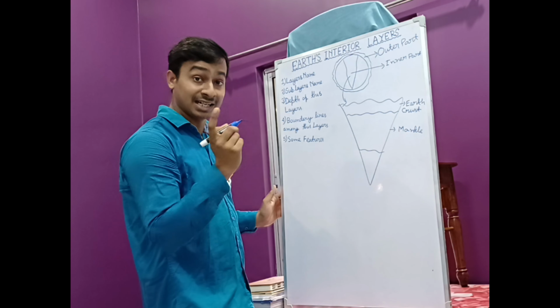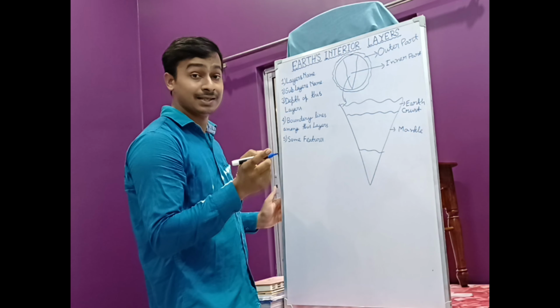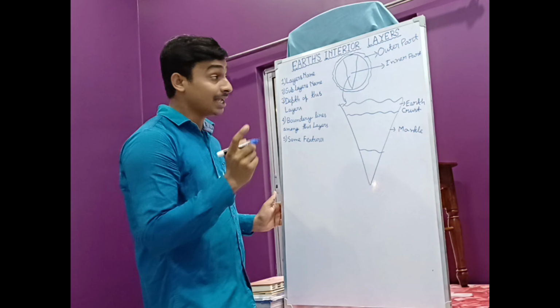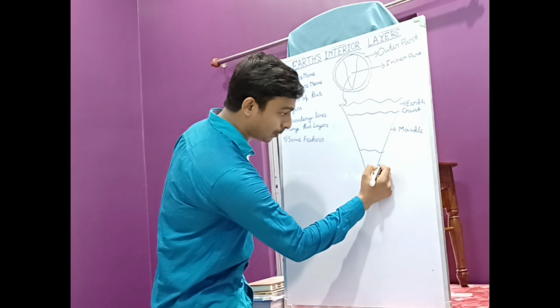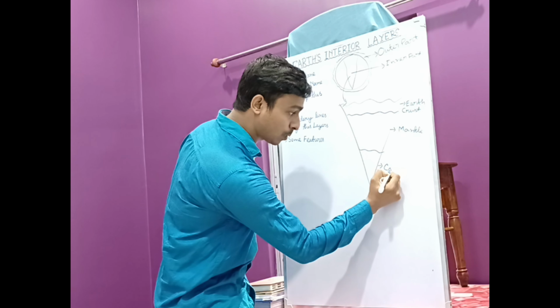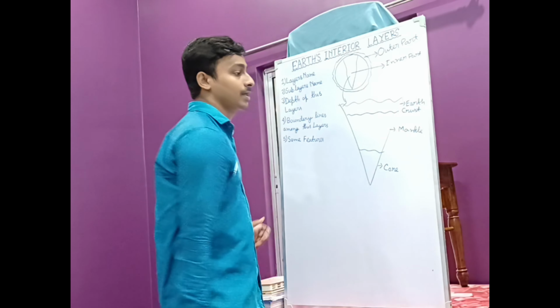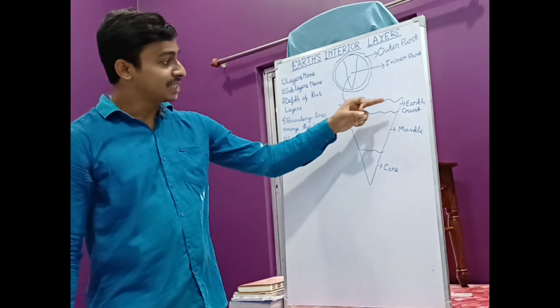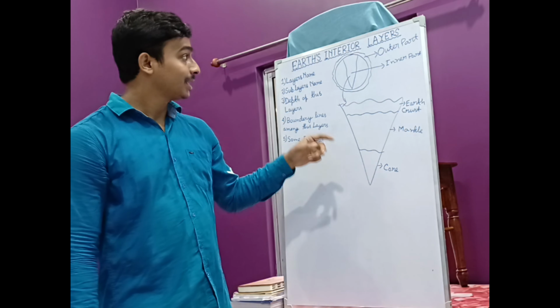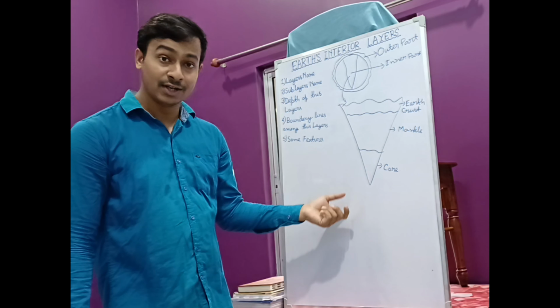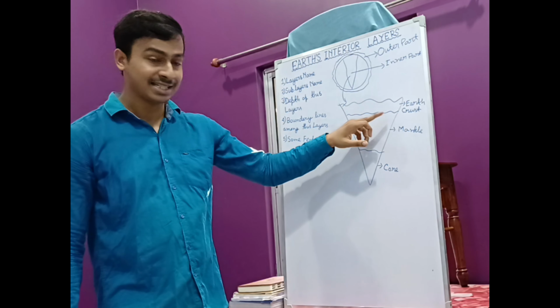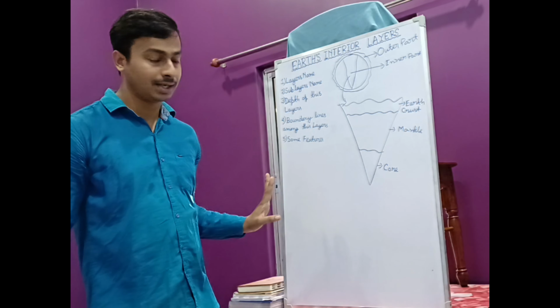Third and last layer is core area of our earth. So these three layers are situated in our earth interior region: earth crust, mantle and core.